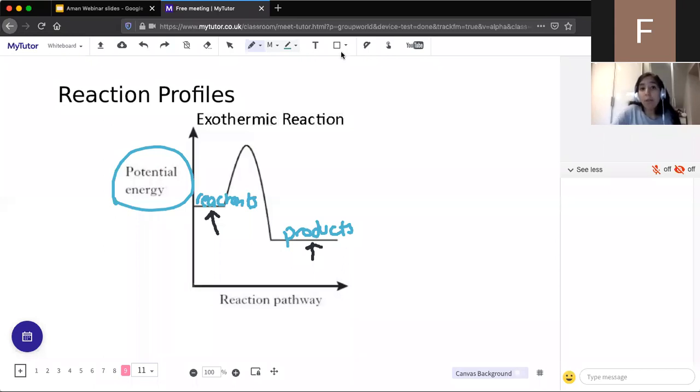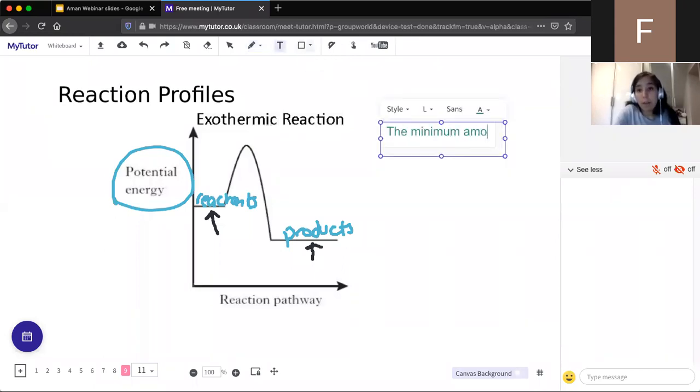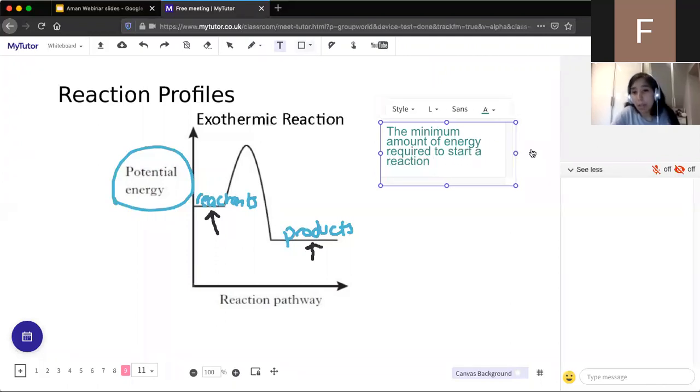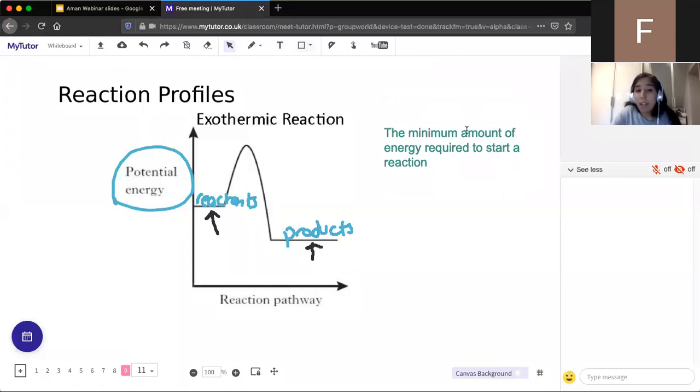So I'll type that out. It's the minimum energy. So the minimum amount of energy required to start a reaction. So it's not just the energy, it's the minimum amount. So remember, in reactions, sometimes we do need to provide heat.